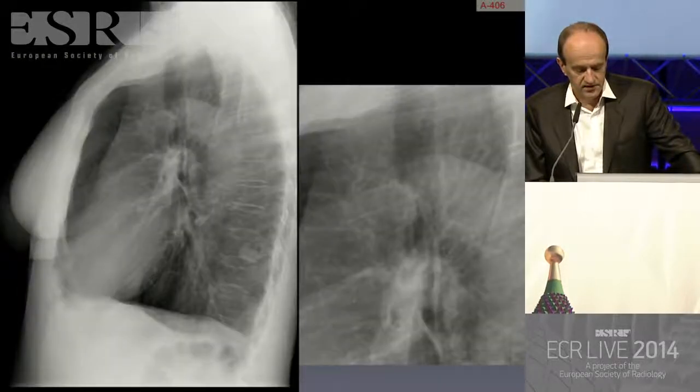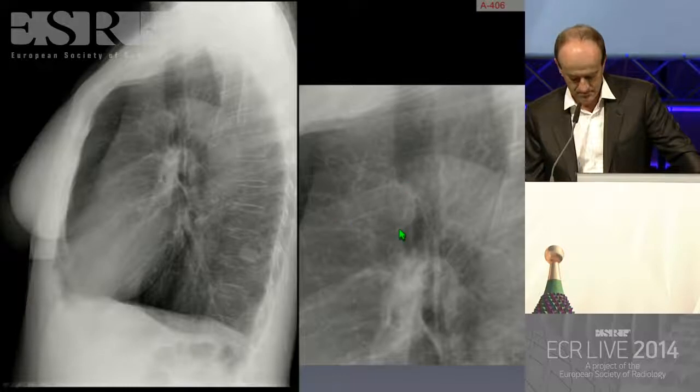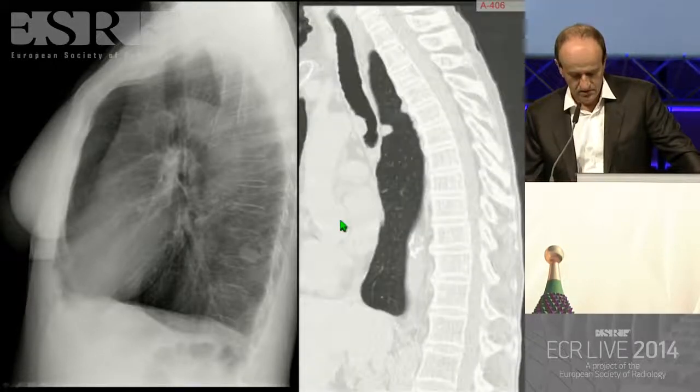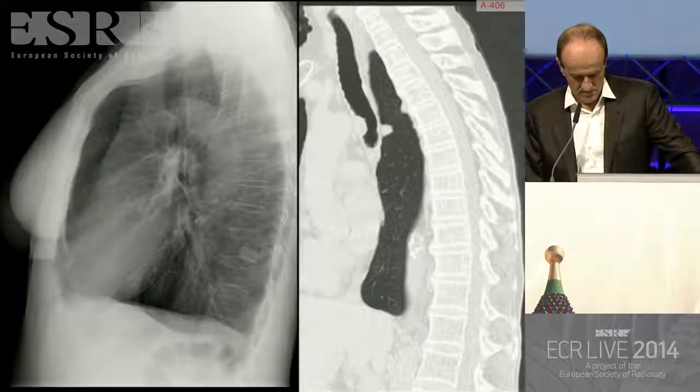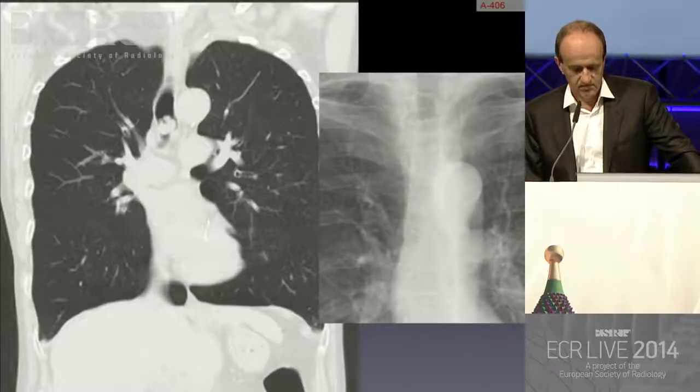And on the CT, a second lesion was missed as well, and this lesion is in the trachea, not detected on the CT, but detected at endoscopy. Almost not detectable on the frontal view.